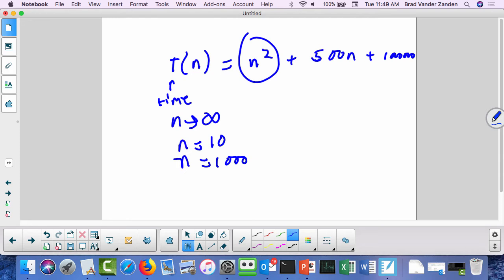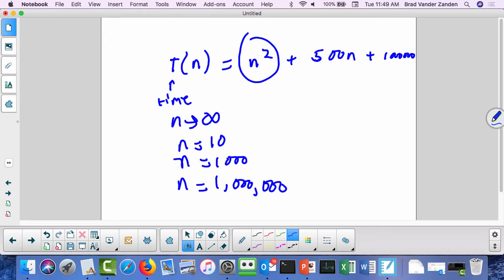For n equals 1,000, which is the biggest term? N squared or 1 million, either one. But for n equals 1 million, easily the biggest term is n squared. So all we care about when we look at big O is the biggest term as n approaches infinity.